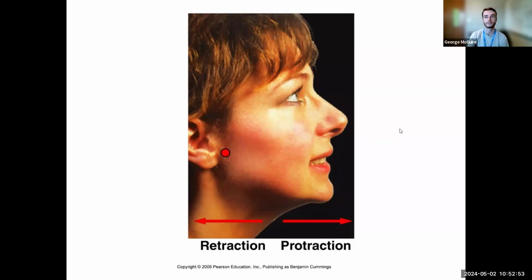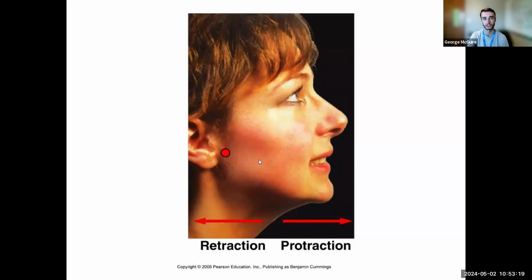And I now have a better answer, which is based on the plane of movement that it's in, because this is anterior posterior movement, but we don't have flexion and extension like we do with our other joints. So this protraction and retraction of the jaw is very similar to abduction, right? Moving away from the midline, protracting forward, and then retraction back towards the midline, very similar to adduction.